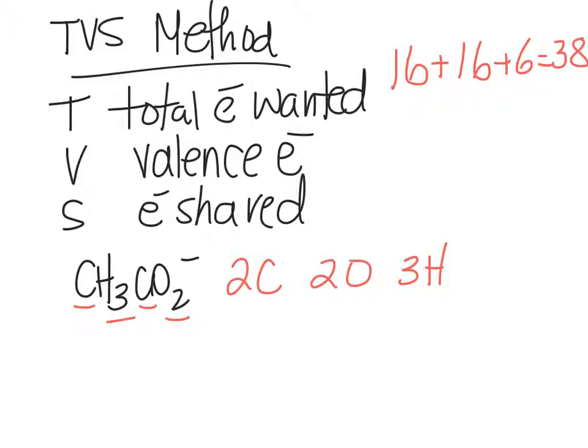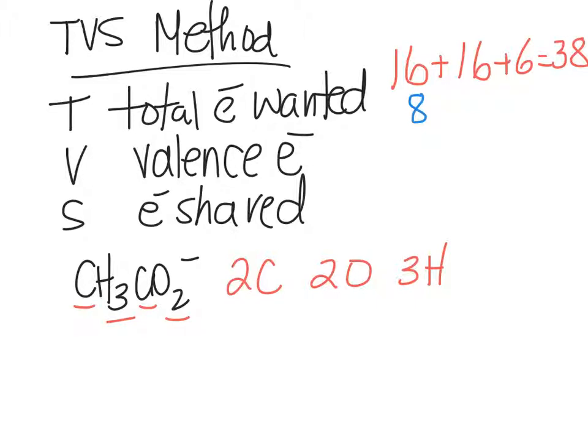So T stands for total electrons wanted around all of the atoms added together. V is just like we did. V is the number of valence electrons. Well, carbon brings 4 electrons. There's 2 of them, so they bring a total of 8 valence electrons. 2 oxygens.